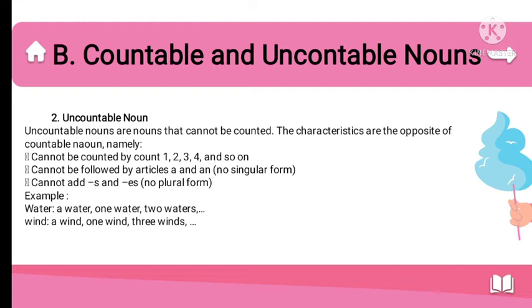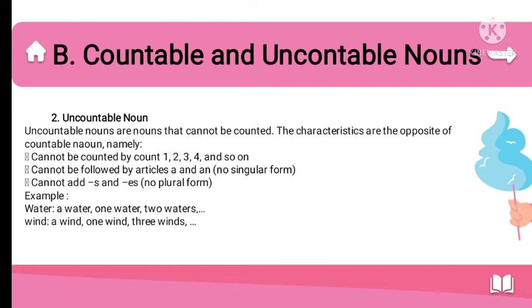Uncountable nouns actually make it possible to count, but what is counted is not the substance, but the amount and container. Therefore, this noun is also called a measure noun.